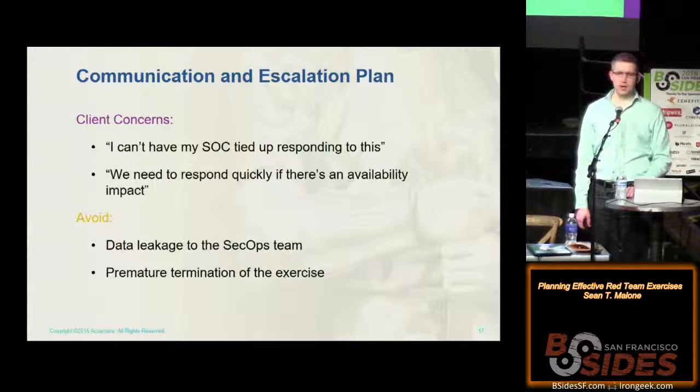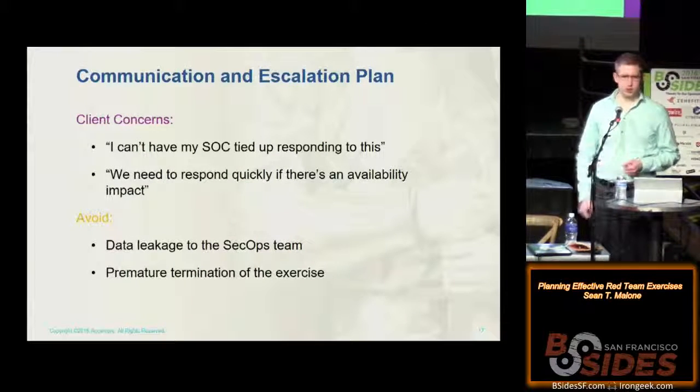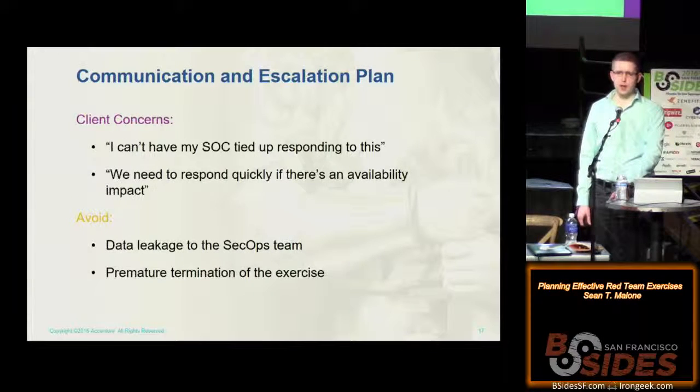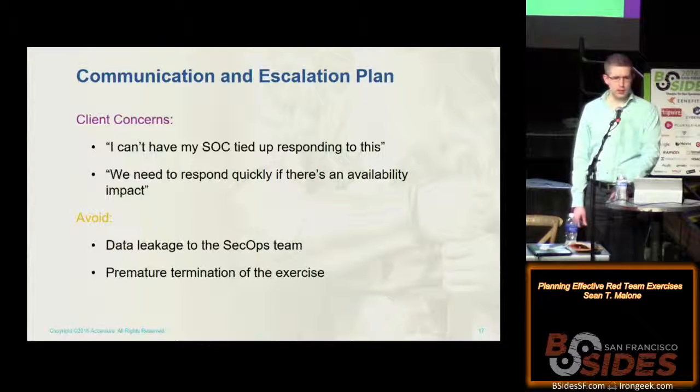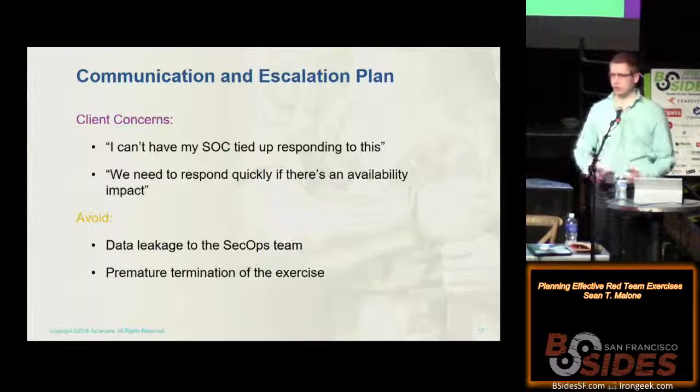This means that that point of contact needs to be coached so that when they have somebody on the security operations team who comes to them and says, we've detected this anomaly here, we've noticed that there was a back door on this system and we've pulled it offline and we believe the problem's solved, that point of contact should not immediately respond with, oh, good job, we had an exercise, you detected it, it looks like everything's good.